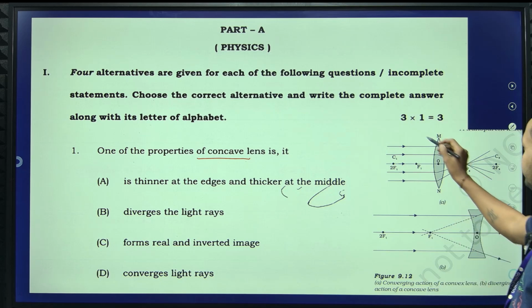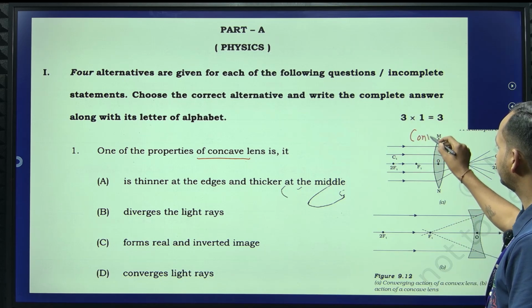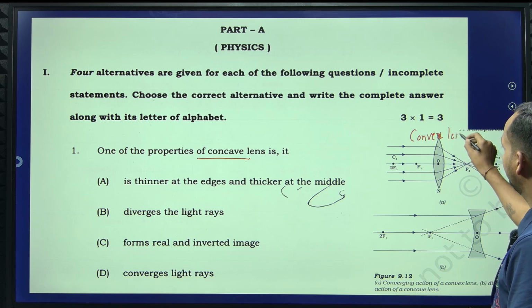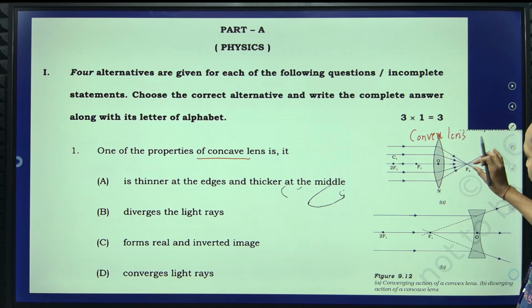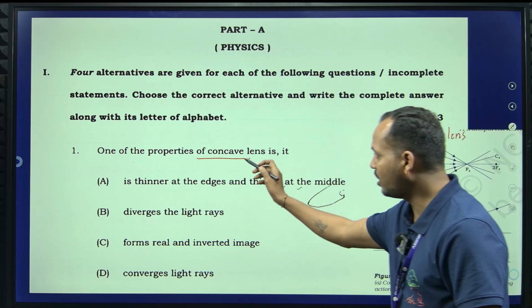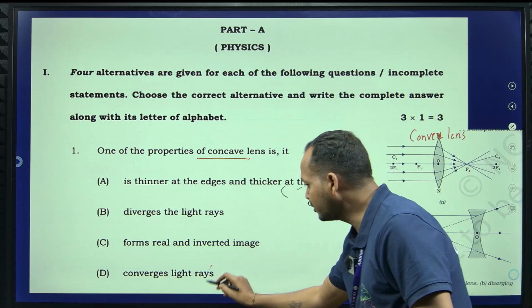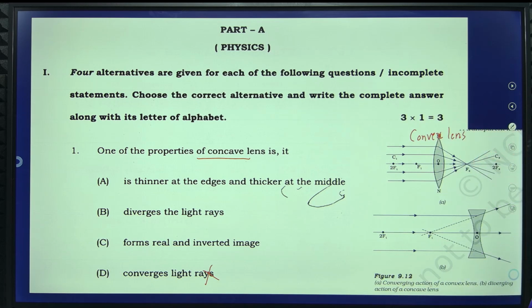So this is a convex lens, which converges, but here they have given concave lens, so this option is wrong. And forms real and inverted image is also wrong, because a convex lens forms a real and inverted image, but a concave lens is this one.